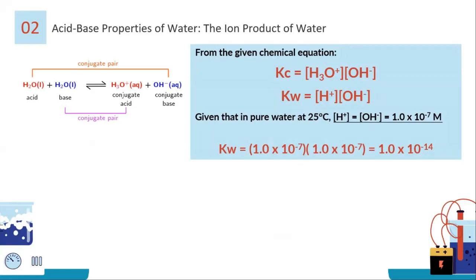In pure water, it is known that at 25 degrees Celsius, the concentrations of hydrogen ion and hydroxide ion are equal and found to be 1.0 times 10 raised to negative 7 molars. Thus, 1.0 times 10 raised to negative 7 molars times 1.0 times 10 raised to negative 7 molars is equal to 1.0 times 10 raised to negative 14.